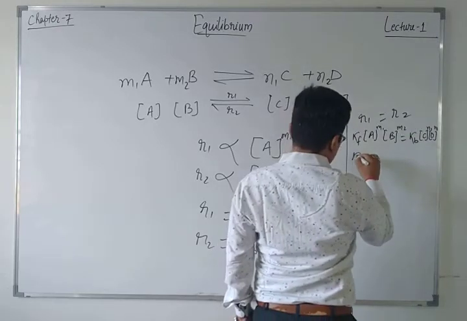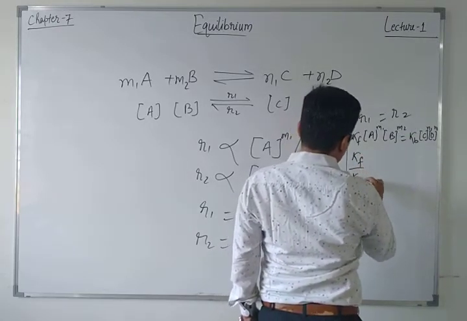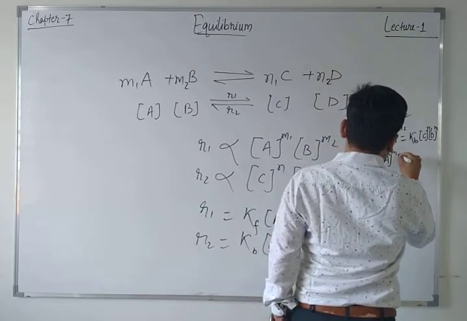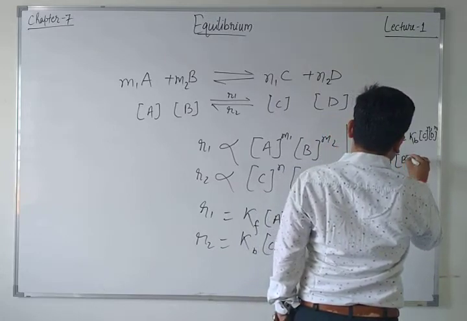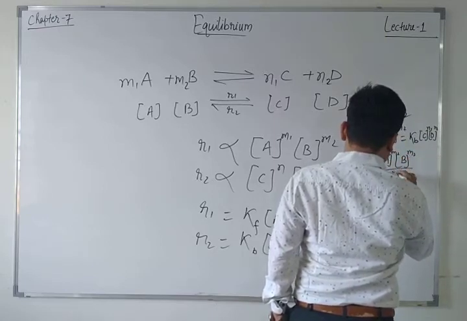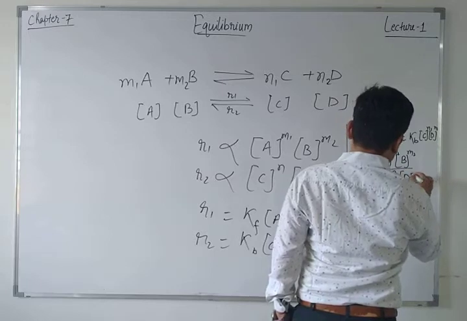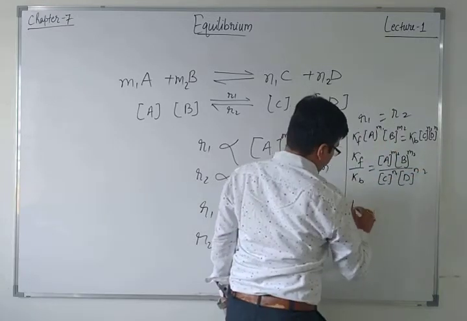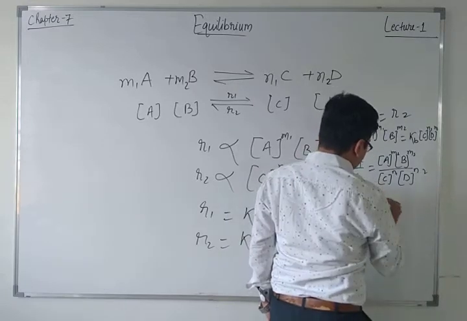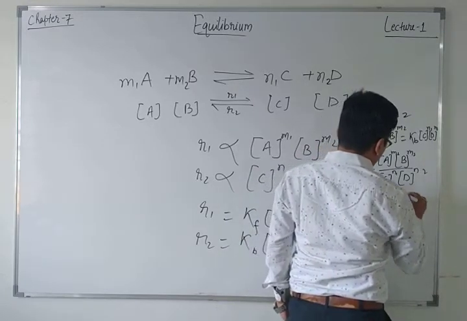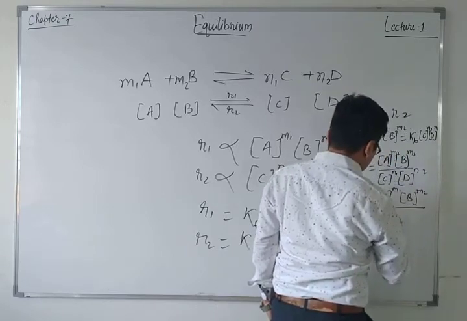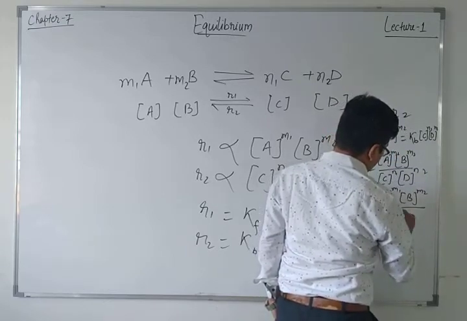So here Kf by Kb is equal to the concentration of the reactants upon the concentration of the products. And here if we put a constant K equal to the concentration of the reactants upon the concentration of the products.